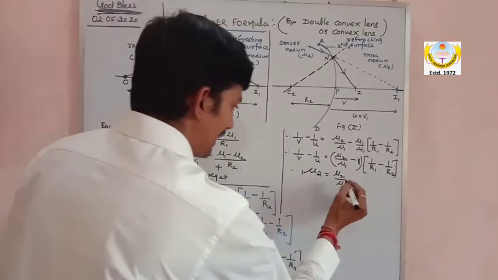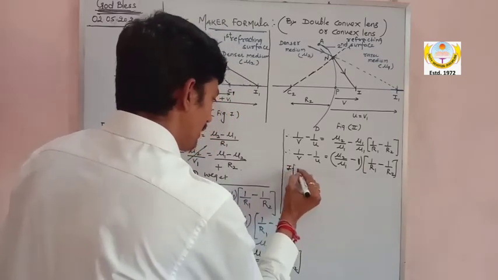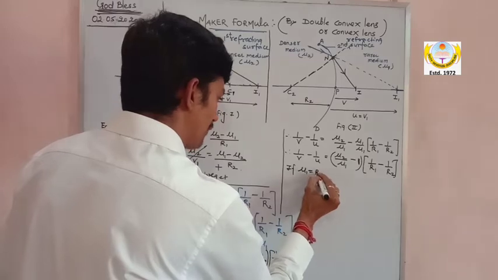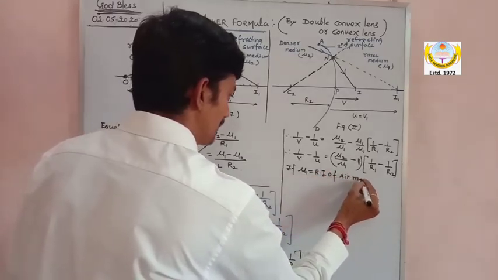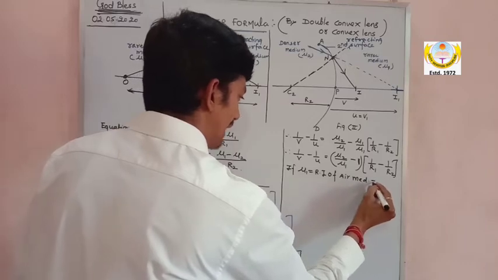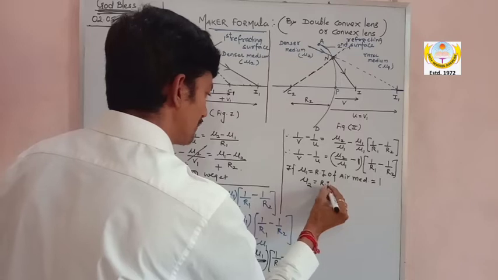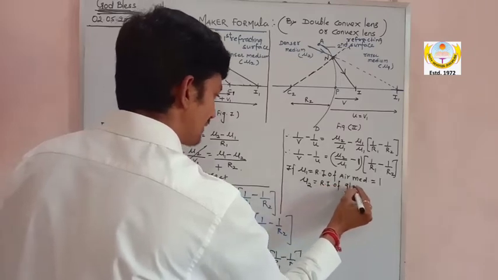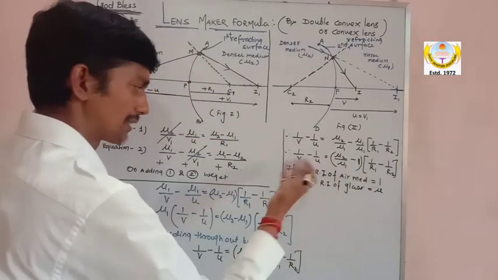Or I can do another thing also: if mu1 is the refractive index of air medium, then it is 1, and mu2 is the refractive index of glass, let it be taken as mu. So this is also okay.